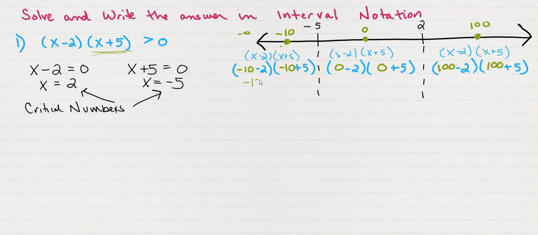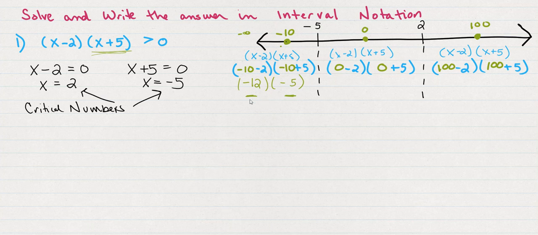Now, just to be clear, I'm going to write down the value, but I don't have to be concerned with the 12. I really am just concerned with the fact that negative 10 minus 2 is going to be a negative, and negative 10 plus 5 is going to be a negative. I'm writing the exact numbers down just so you can follow me here. But notice that really all I'm concerned with is that they're both negative.